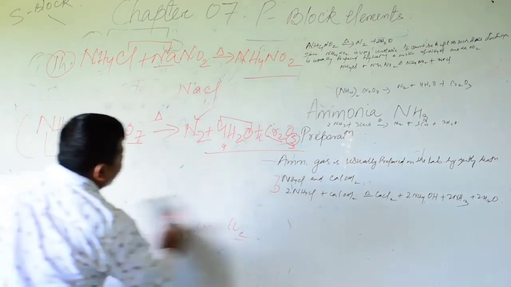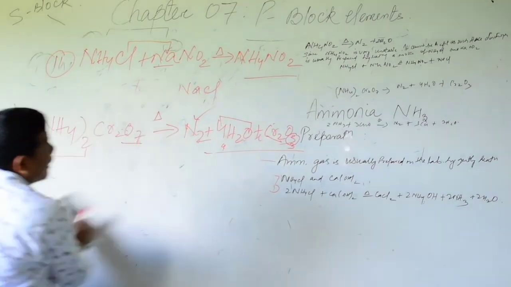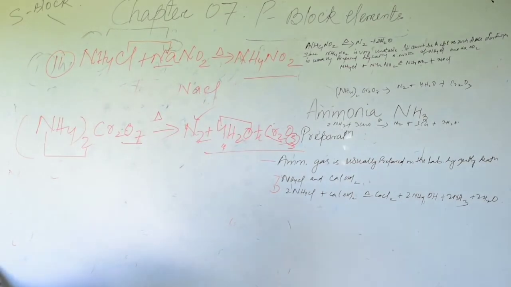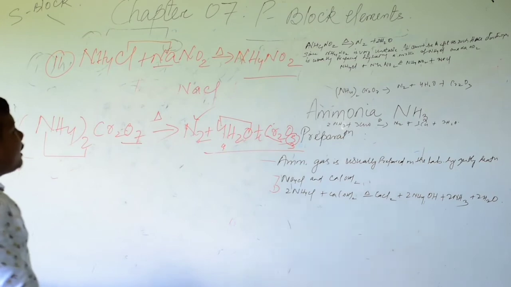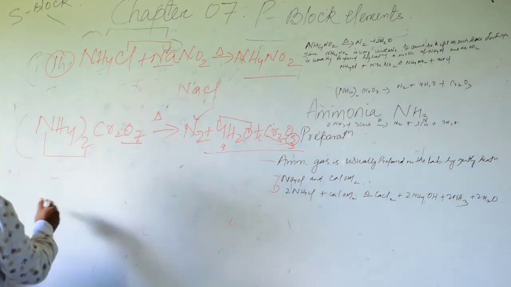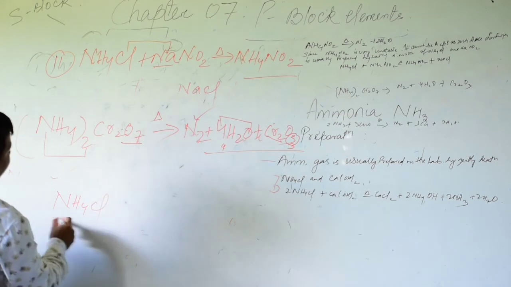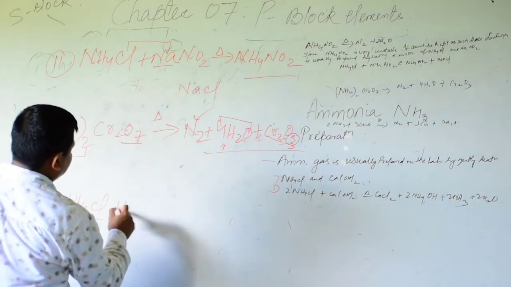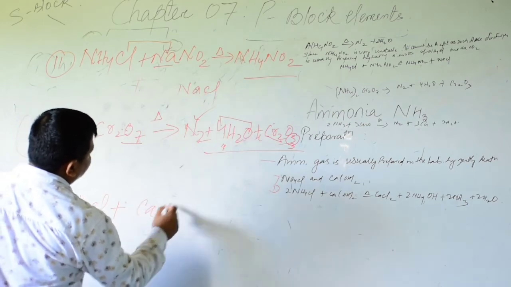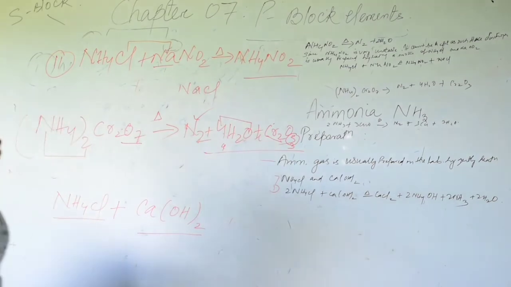Now directly we will go to the preparation of ammonia. As we know, ammonia gas is usually prepared in the laboratory by gently heating ammonium chloride, NH4Cl, plus calcium hydroxide, which we commonly know as caustic soda.